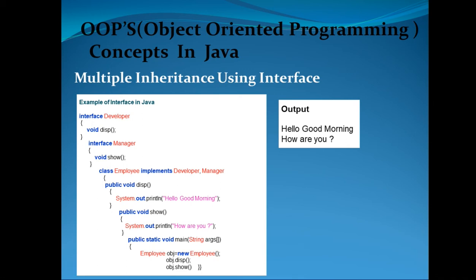Then we have the void main method. After that we create the object of the Employee class and call object.display and object.show. After that we get the output hello good morning and then how are you. So please note this example of multiple inheritance using interface.